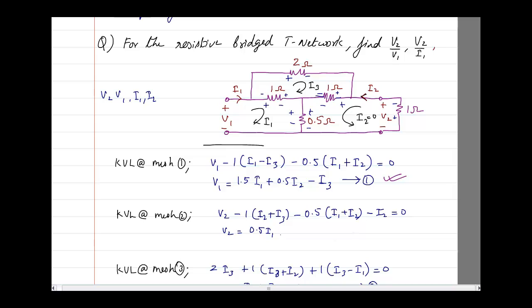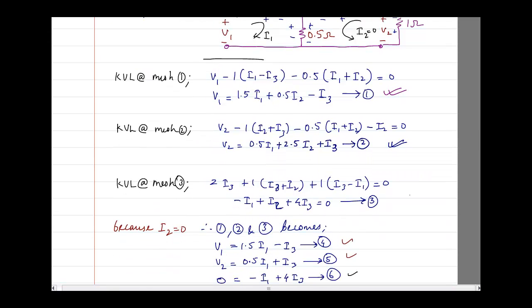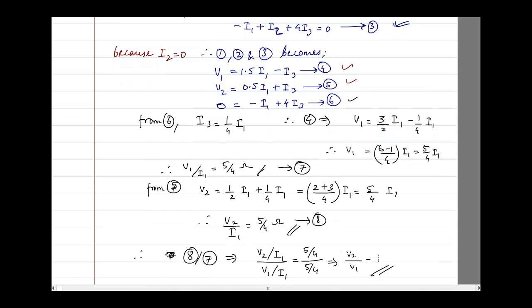So 0.5 I2 minus 1 I2 will become minus 1.5 I2, which on taking to the other side becomes plus 2.5 I2, and plus I3. That is going to be equation 2, and equation 3 is going to be the same. And now we have three equations like this.